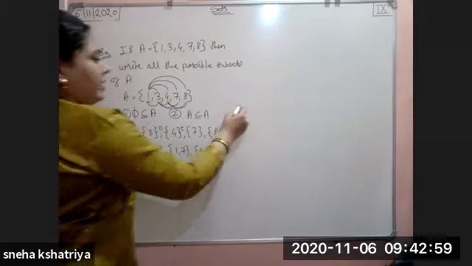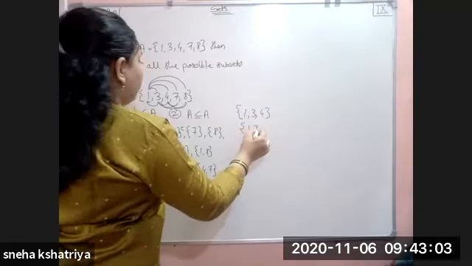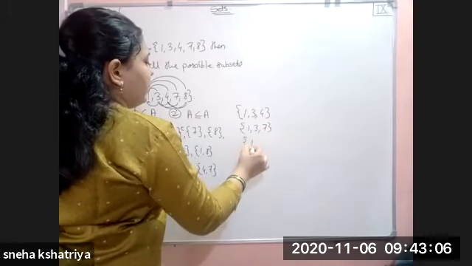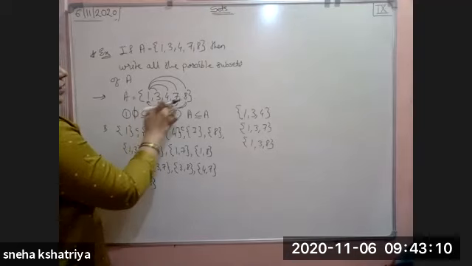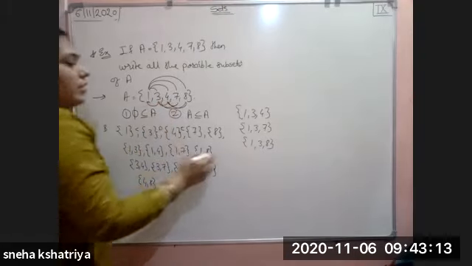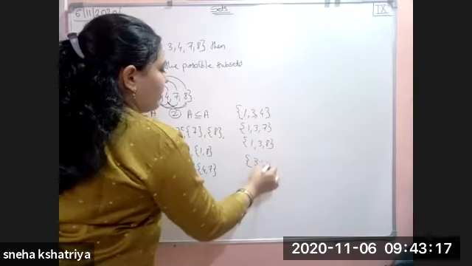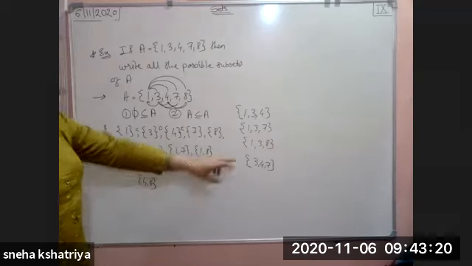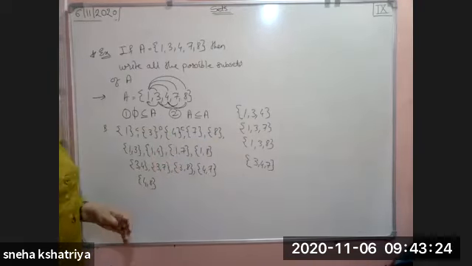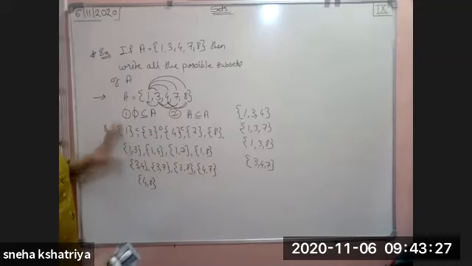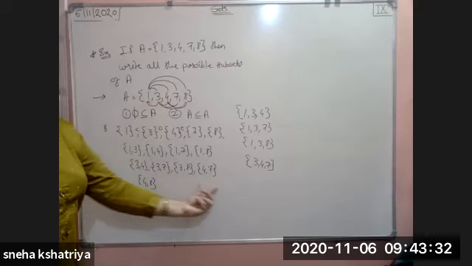Afterwards we will take triples: {1, 3, 4}, {1, 3, 7}, {1, 3, 8}, then {3, 4, 7}. Also, the pairs which we have done before we don't have to consider again. So all the subsets which we can find from this set, you have to find out.